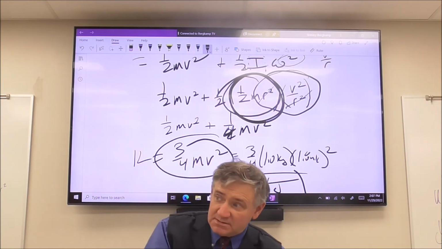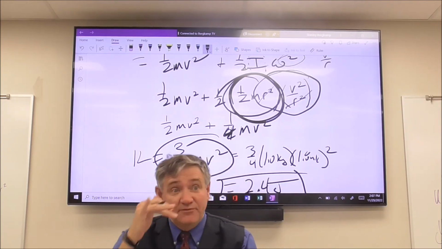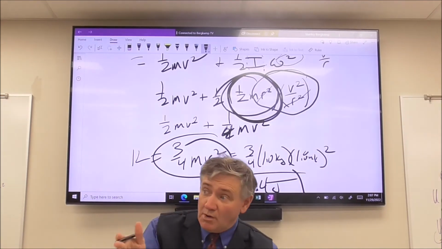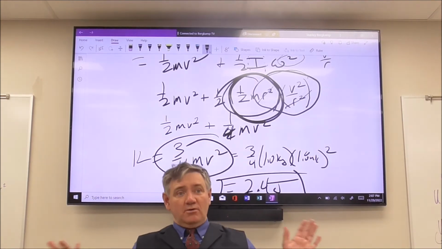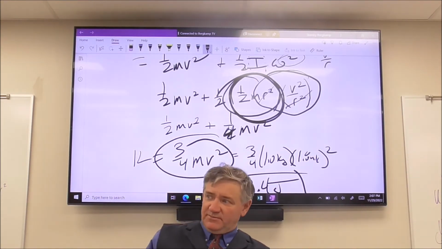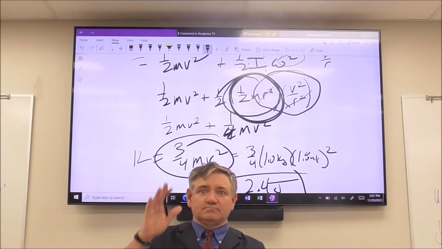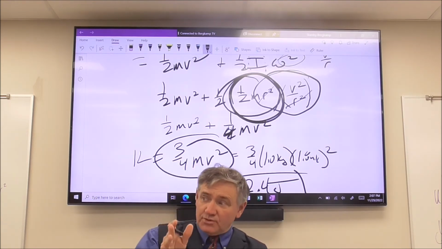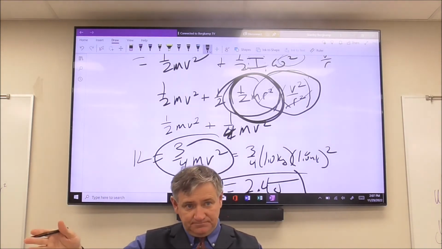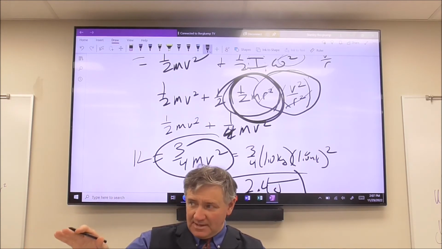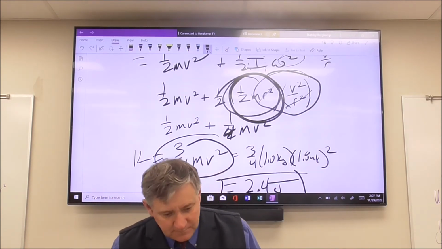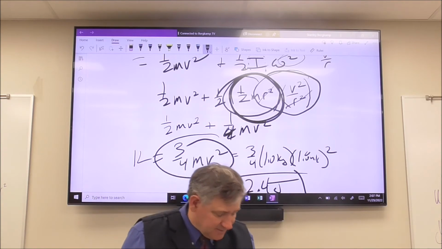If it had been a solid sphere, it would have been like 2/5 mr squared. So don't look at this and go, oh, total kinetic energy is just going to be 3/4 mv squared. It's not. What will always be true is that substitution. Okay? Got that idea.